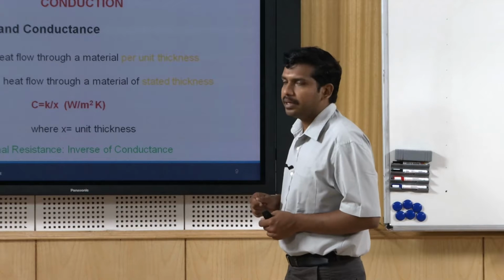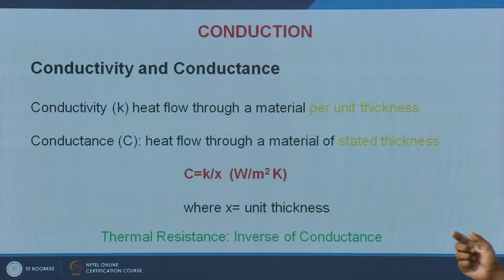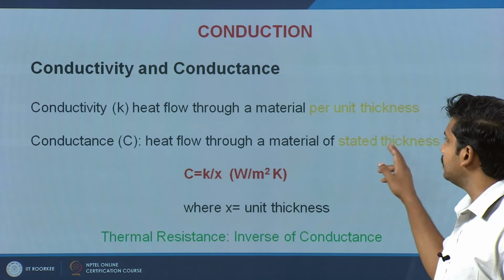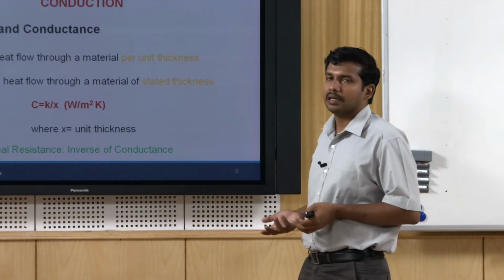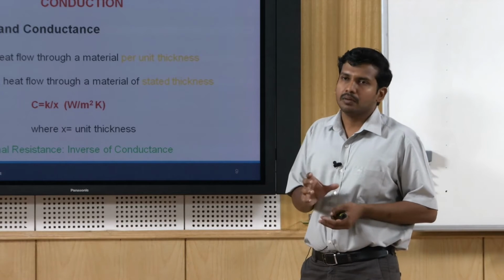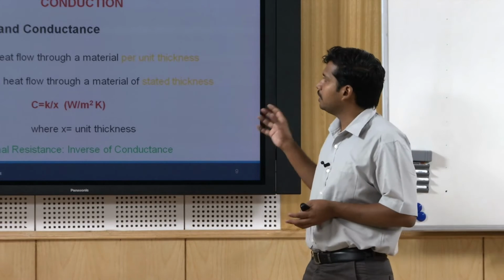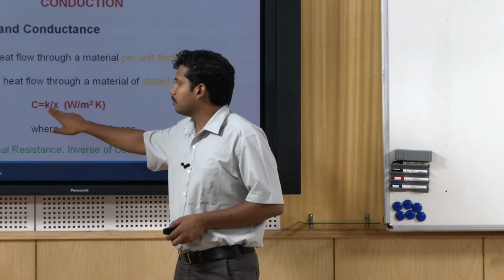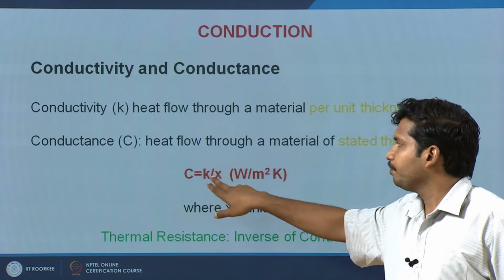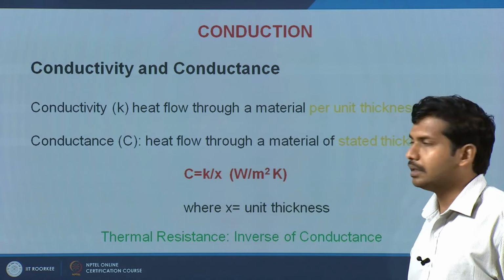The next important parameter is conductance. This is the heat flow through a material for a stated thickness. Now we are starting to include the cross sectional thickness of the particular material. So this is like conductivity K divided by x, the thickness.